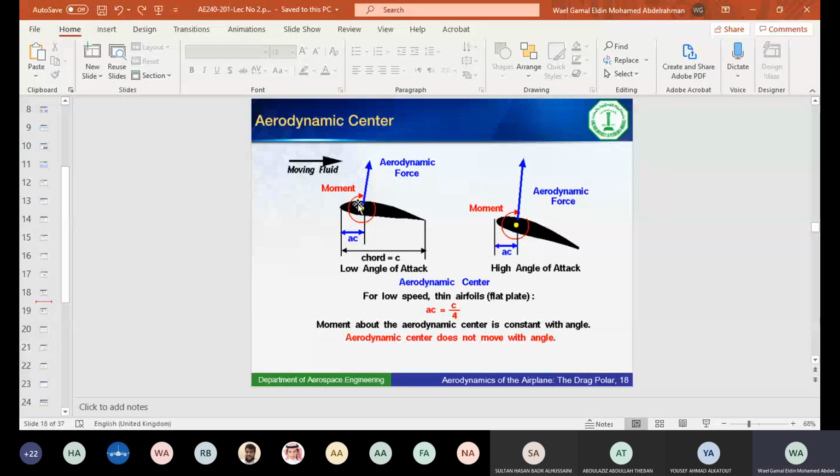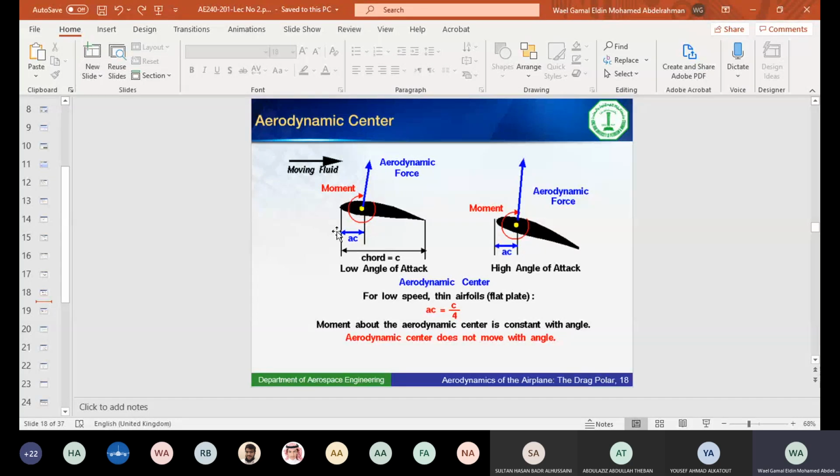It will change if the density changes, but it will not change if the airfoil rotates. If the angle of attack changes, the moment coefficient about the aerodynamic center does not change. That's the definition of the aerodynamic center. And why is it important? Because I can use it to calculate the moment. By calculating the moment about it, I can look at the aircraft flying at different angles of attack without worrying that the moment will change. It will not affect my equations.